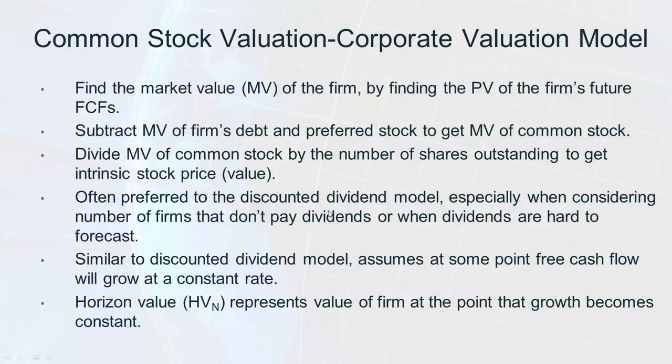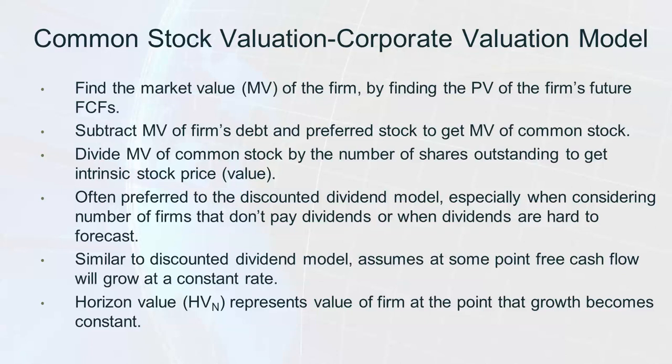This is often preferred to the discounted dividend model, especially when considering the number of firms that do not pay dividends or whose dividends are hard to forecast. It's similar to the discounted dividend model in terms of the cash flows changing.